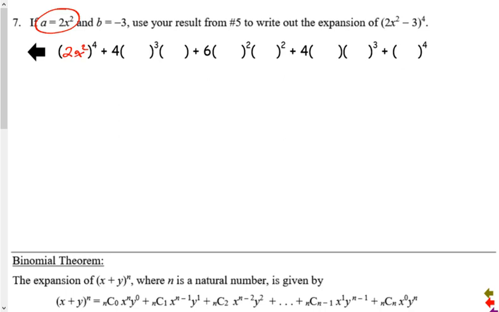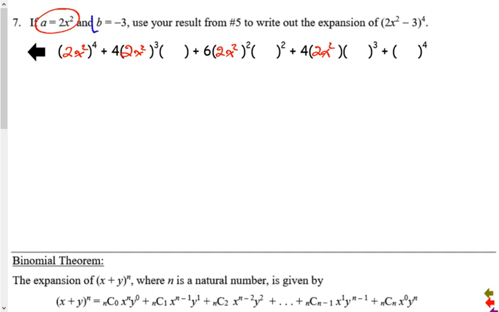And then I go in descending powers of a. So the next one that's cubed, this will be 2x squared cubed. And this one will be 2x squared squared. 2x squared, and then the last one won't have any a's. It would be 2x squared in brackets all to the exponent 0, which is 1.